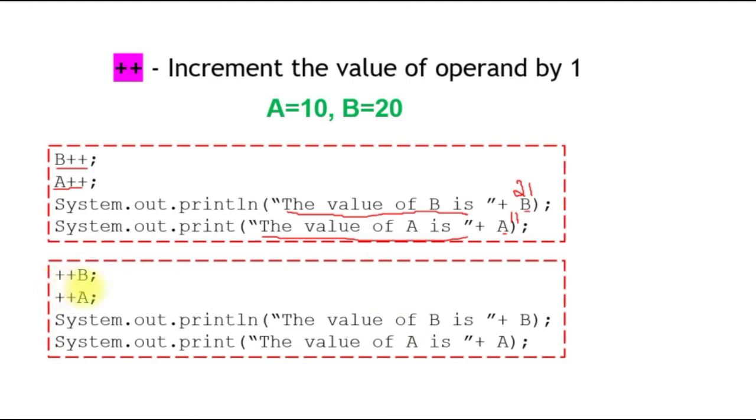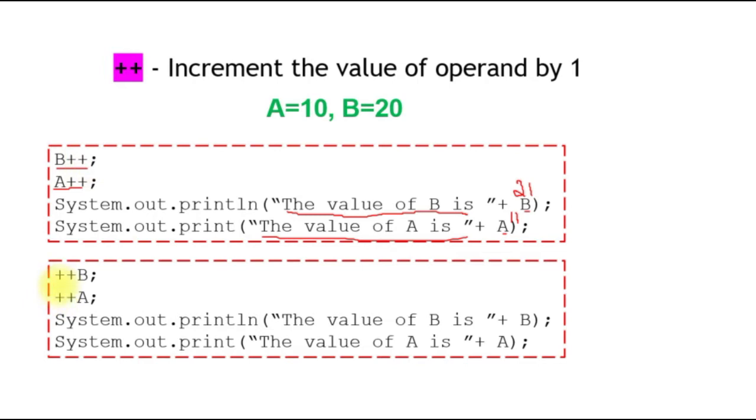Okay? Plus plus b, plus plus a. Ma'am, bakit ganyan? Pwede po yan sa Java. So, meaning, mag-increment muna yung value ng operand ng 1, saka natin siya ilalagay sa variable. Unlike dito sa b++ na nahuli yung plus plus.